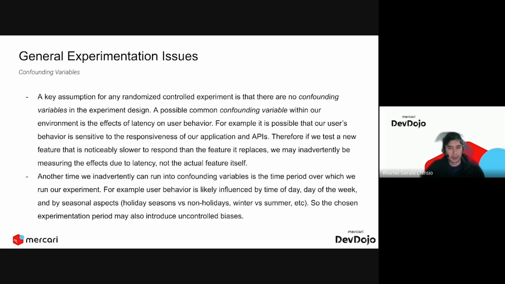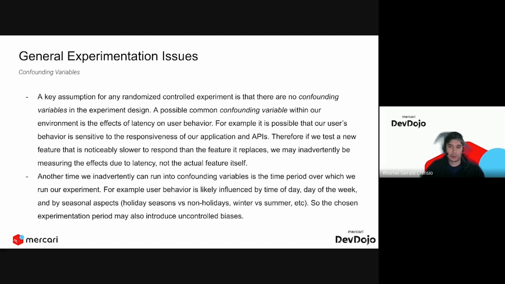But even on a technical level, there are confounding variables. Suppose you implement a new service, a new query, and this database query is noticeably slower than the one it's replacing. And you run an experiment to see if this new query, which supposedly returns better search results, for example, though it could be anything, seems to be showing poor performance.